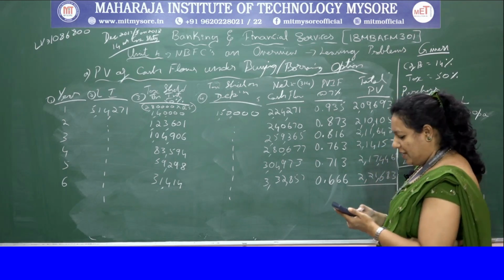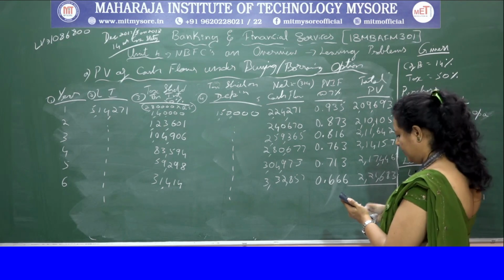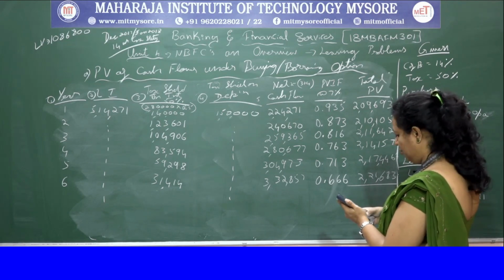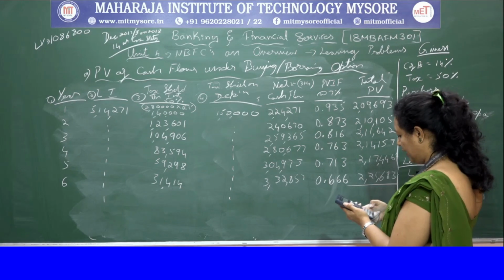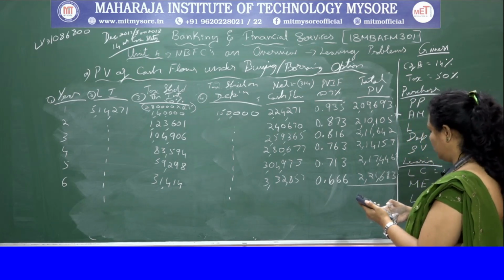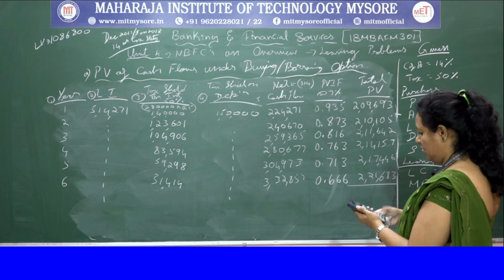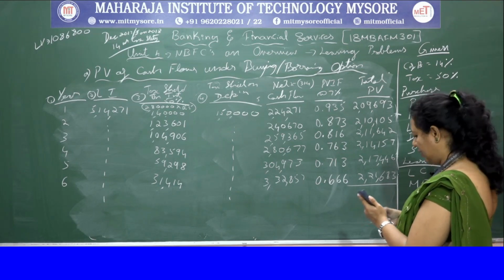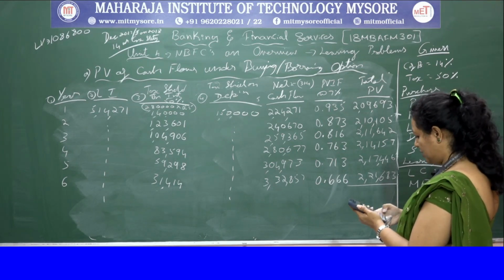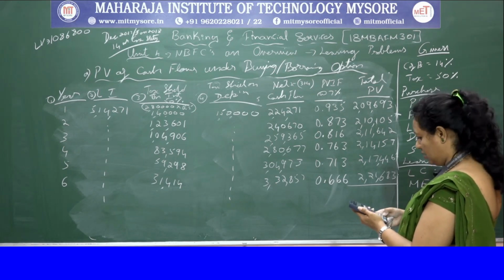Now we need to add all these. 2,09,693 plus 2,10,105 plus 2,11,642 plus 2,14,157 plus 2,17,446 plus 2,21,683.